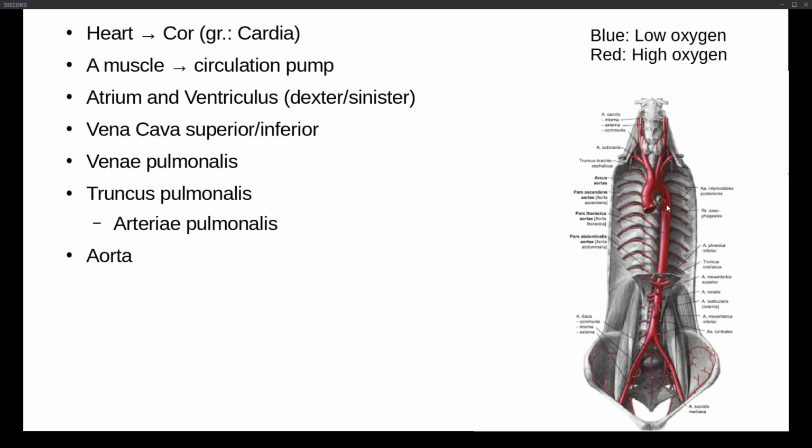On the left side, we have next to the spine the pars thoracica aortae, or the aorta thoracica, also called the aorta descendens. Because of course, it's in the thorax, and once it passes the diaphragm over here, it will be called the pars abdominalis aortae, since we are in the abdomen.